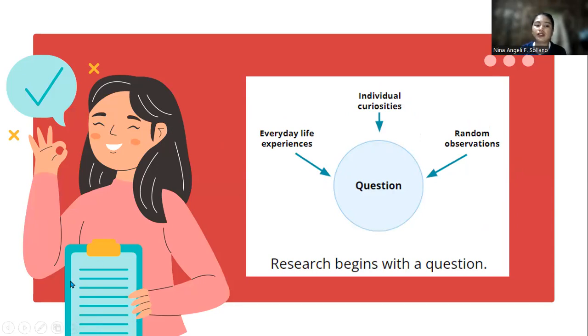Because the road near Bantel is being constructed. And it could also be from random observations and individual curiosities, in which curiosity means that you are eager to learn something. So you ask questions: why is it like this? You come up with many questions based on your curiosities. So again, research begins with a question.